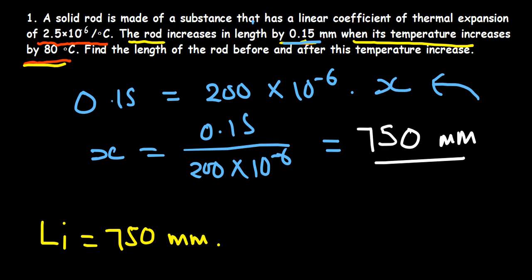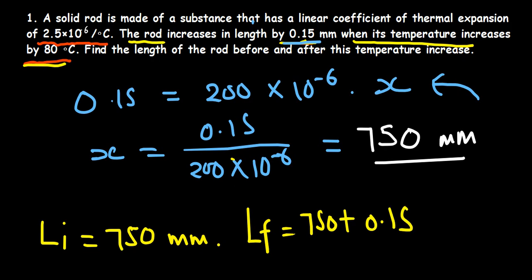Okay, so what else am I going to find here? We're going to find the length of this rod after the temperature increase. So the L final will just be equals to the initial plus the increase.